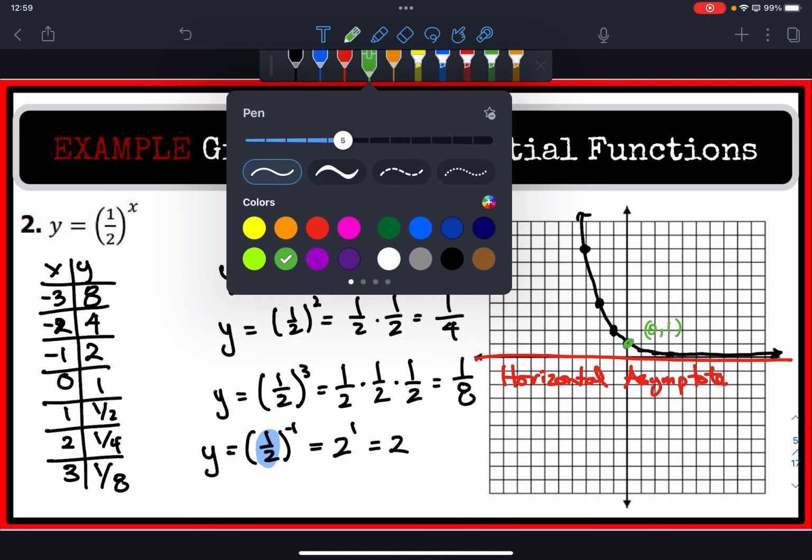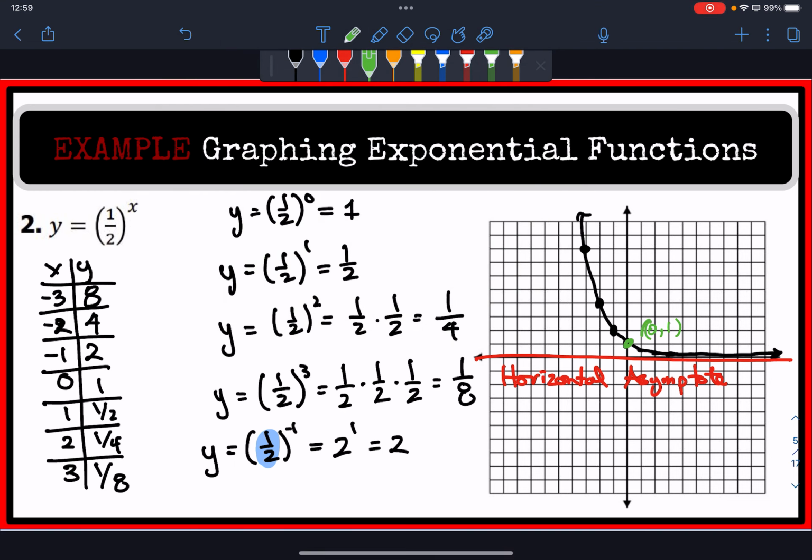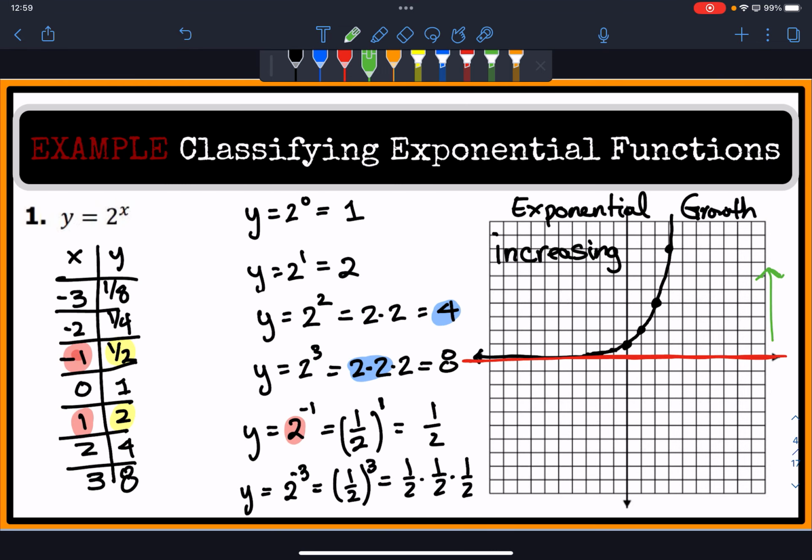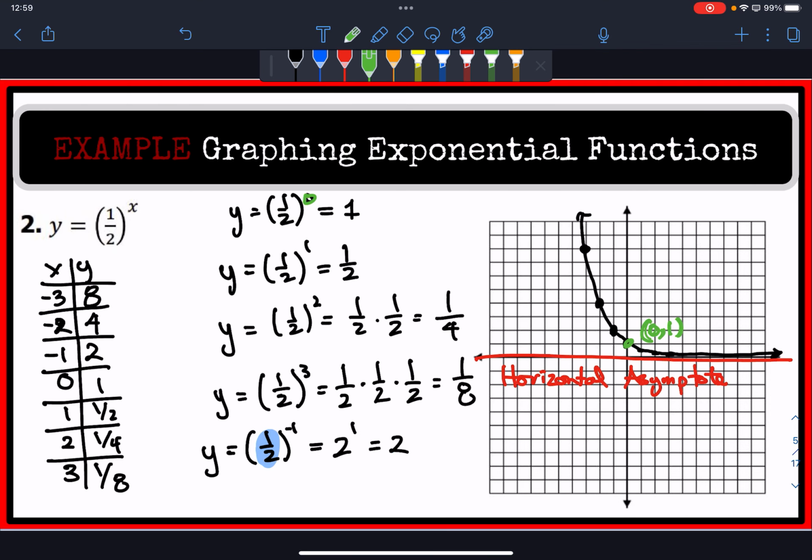And that makes perfect sense because at 0, since our variable again is the exponent, raising 1/2 to the 0 power or raising 2 to the 0 power both gives us again an output value of 1. So it only makes sense that both of these functions cross the y-axis at 1.